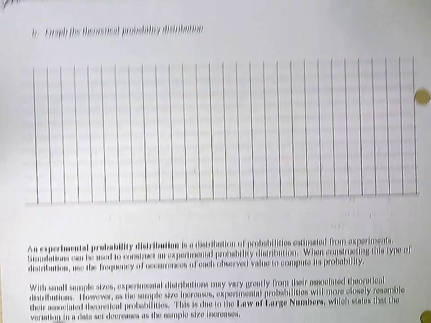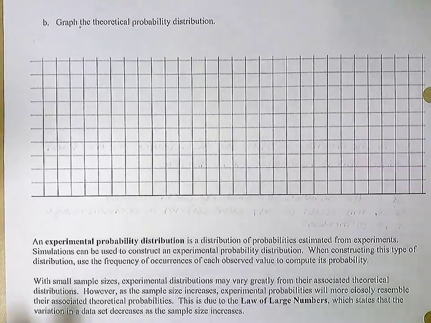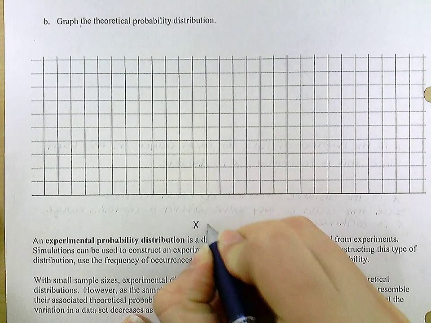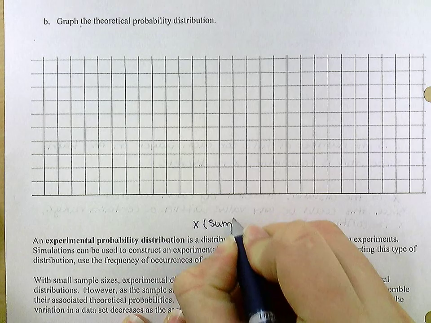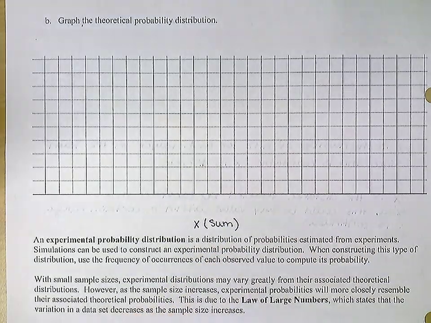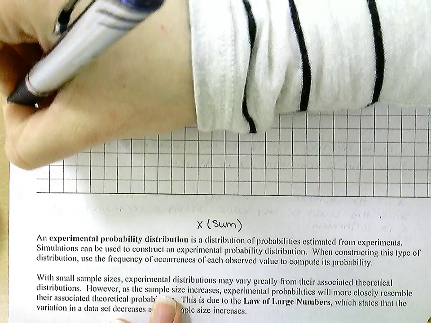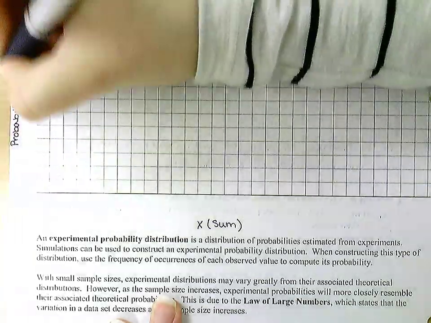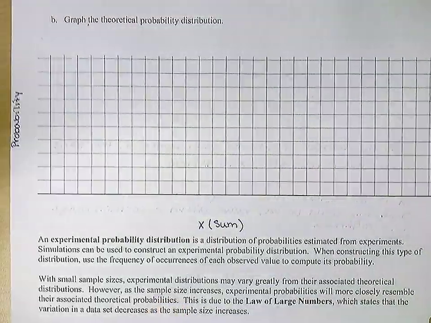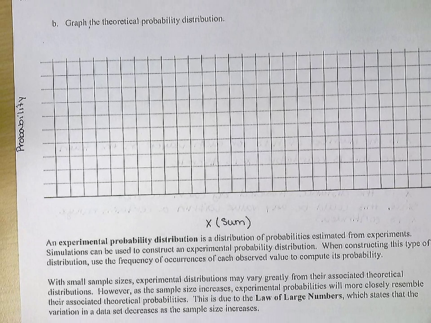So creating this nice graph, we have our x, which is our sum. Our sum is going to go along that x-axis, and then our probability is going to go along the y-axis. So yes, you do need to label that graph.